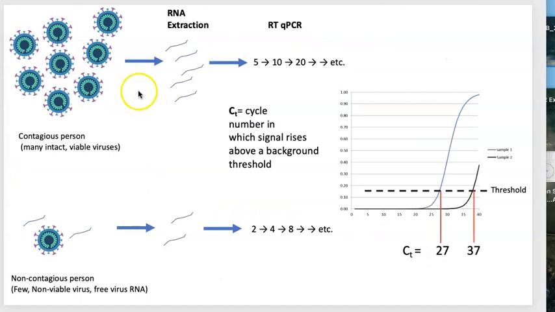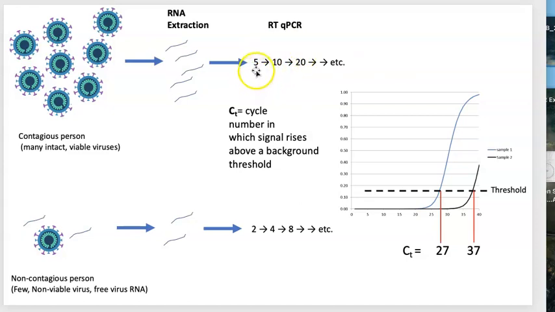And that's sort of illustrated here. Here's an individual with lots of viruses, intact viruses, an acute infection. Here's an individual, a non-contagious individual with very few viruses, mostly non-viable, just some random strands of RNA. And these are subjected to RNA extraction and then the RT-qPCR. And so this robust pool of RNAs is then doubled in various cycles, with each cycle producing a measurable amount of fluorescence.